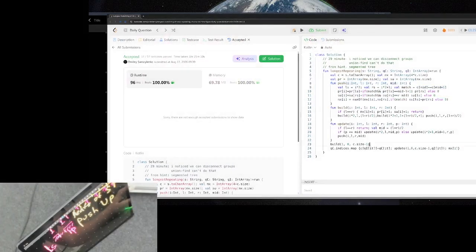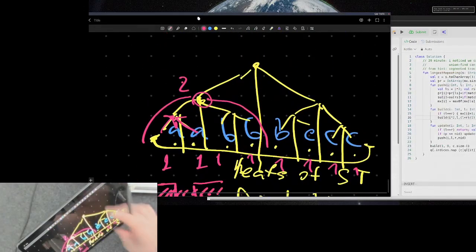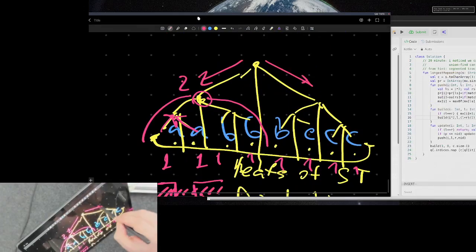And initially we do the build. So basically, as I said, it goes deep first, and in post order it goes up with the push operation. This is a post order traversal. So it first goes deep, and then it goes up and merges. This is how it is built.